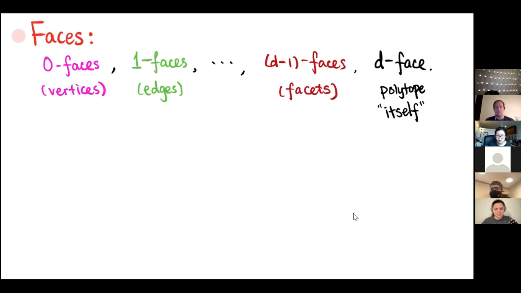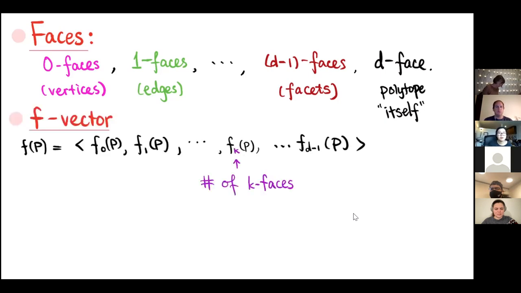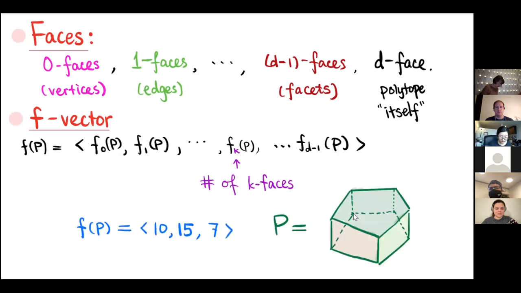And then there's the polytope itself, which is the unique d-face, and we don't really care about that. Therefore we can find a vector, the so-called f-vector or face vector, that helps us keep record of the number of faces of each dimension. Here's the polytope that we've seen. Because it has 10 vertices, 15 edges, and 7 two-dimensional faces, here is its face vector.